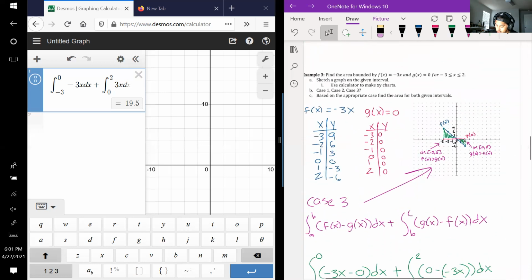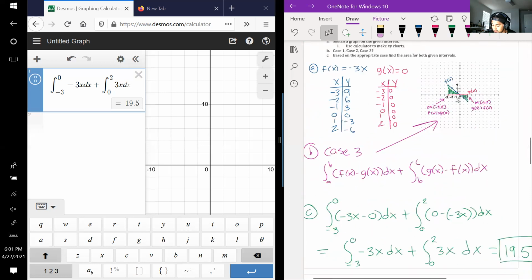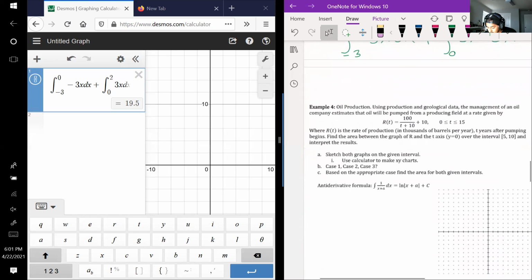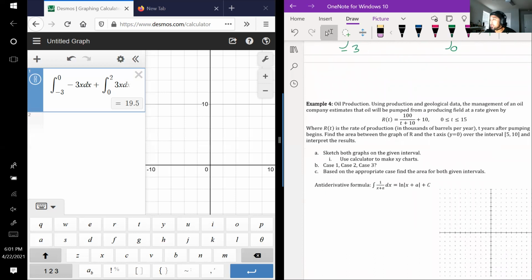So those are 3 examples, and now we'll do a word problem. Using production and geological data, the management of an oil company estimates that oil will be pumped from a producing field at a rate given by the function R of T equals 100 over T plus 10 plus 10, and the domain for this function is 0 to 15.